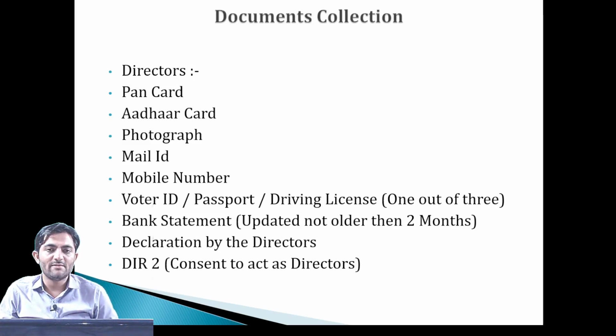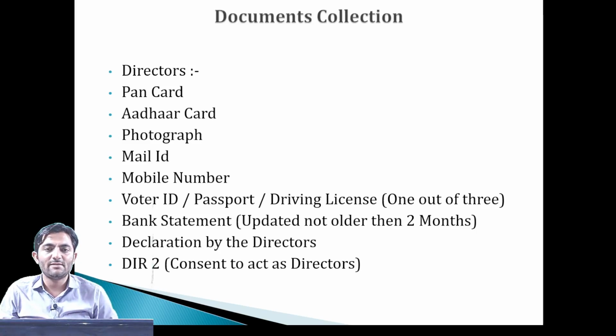Next is bank statement, which should be updated. For example, if you are applying for the company in September, then it should be not older than the month of July, not older than 2 months. Next point is the declaration by the director.